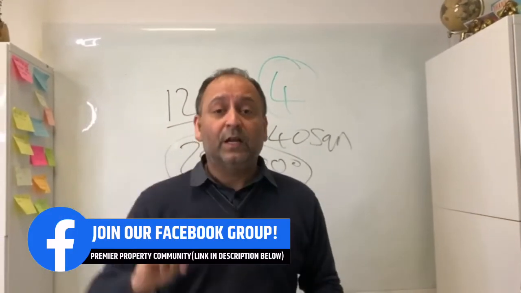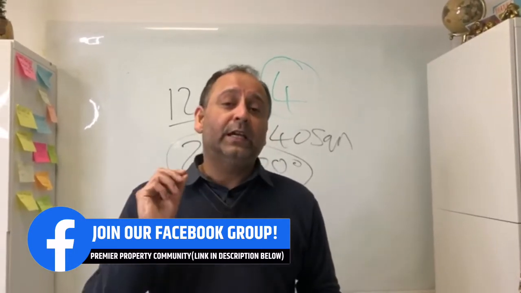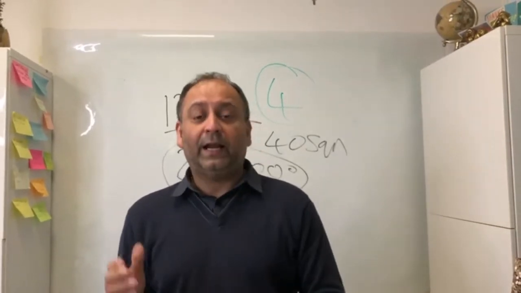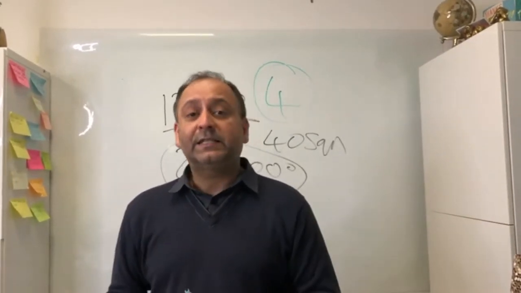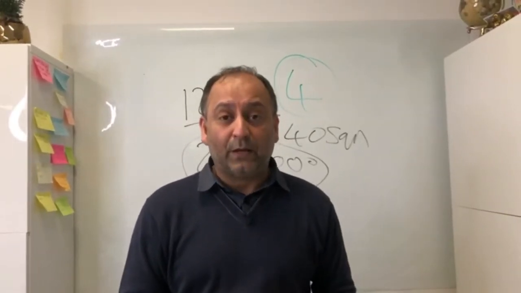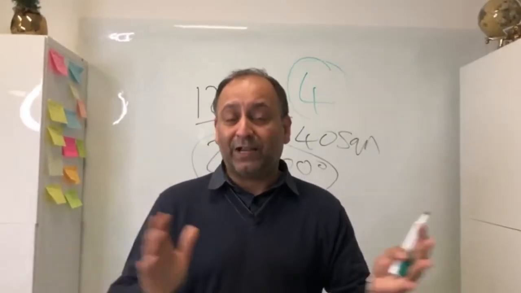In the areas where we do HMOs, in one of those areas the licensing is £500 per annum, in another area it's £750 per annum, and in the third area it's actually £1,000 per annum. It depends on the borough, so that's the kind of price range you're looking at.